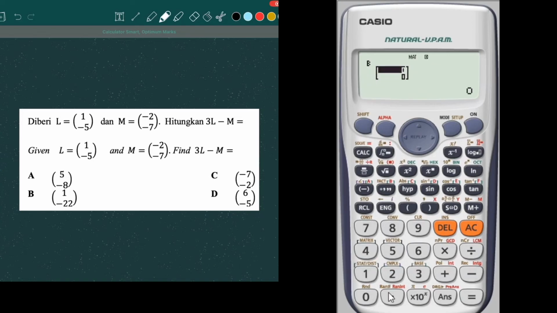Right, matrix B, never mind. Matrix B first, negative 2 and then negative 7.